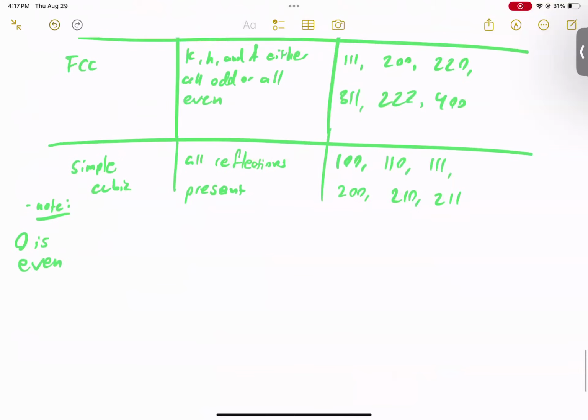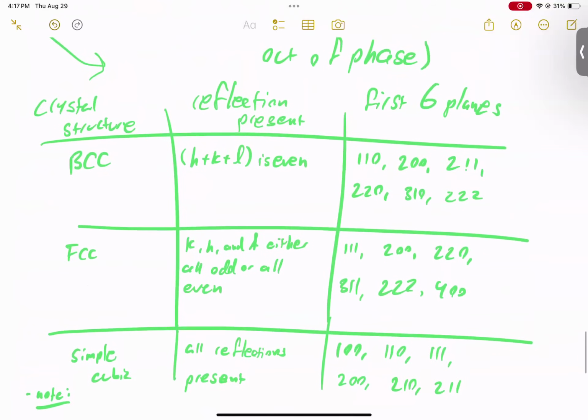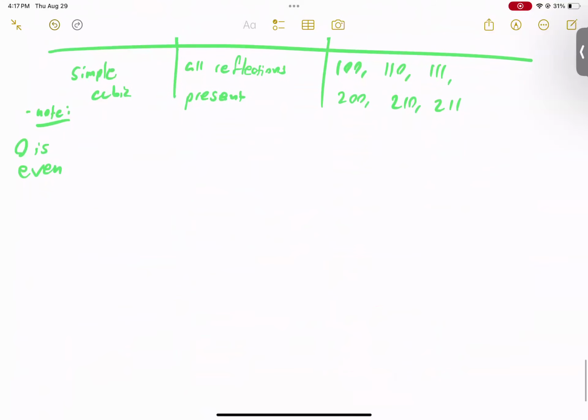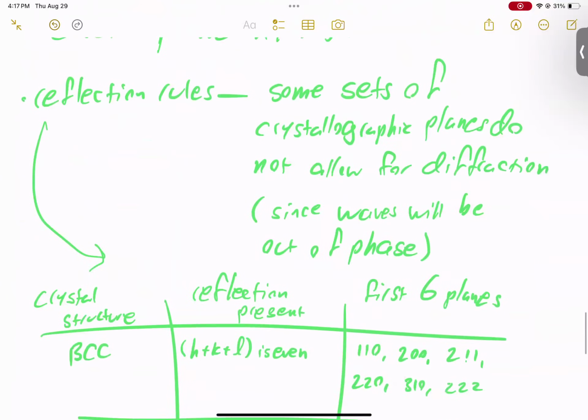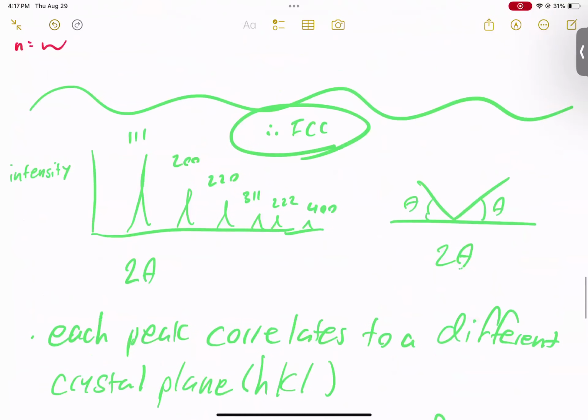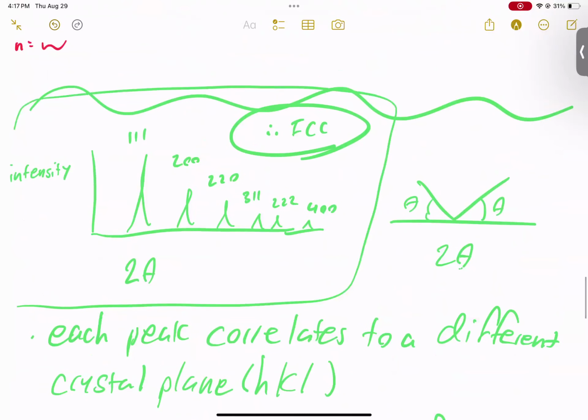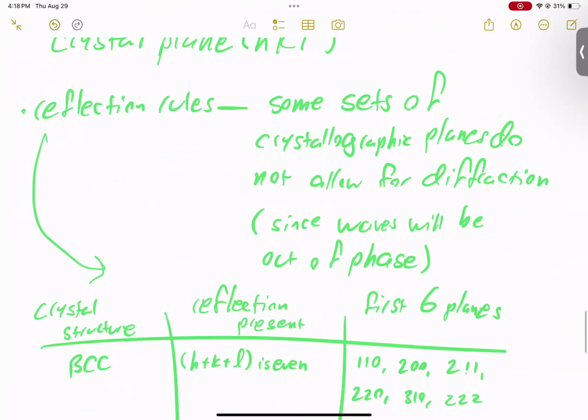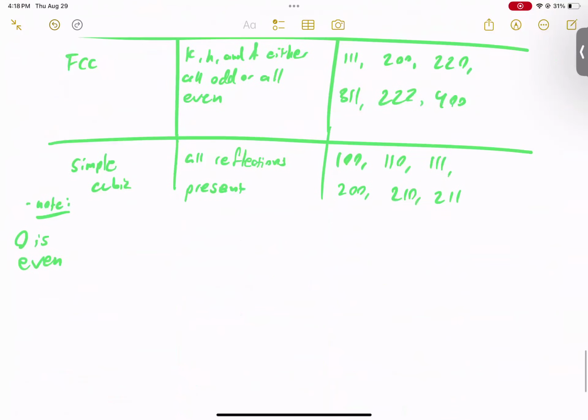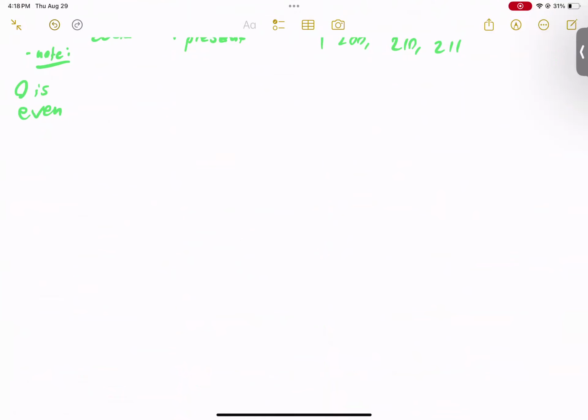Another important formula that I want to introduce is for determining the interplanar spacing. You're given this graph, and you want to determine the interplanar spacing present within the crystal structure based on that graph alone. There are different formulas for different crystal systems: orthorhombic has a different equation, tetragonal has a different equation. But we're just going to focus on cubic because that's the most common one.